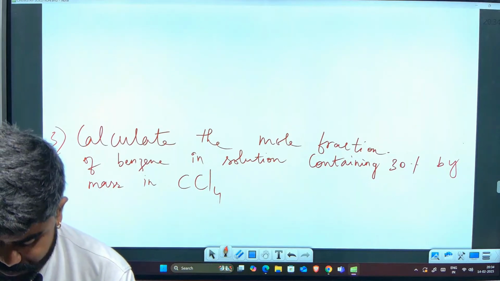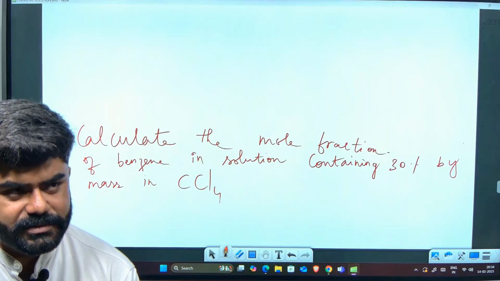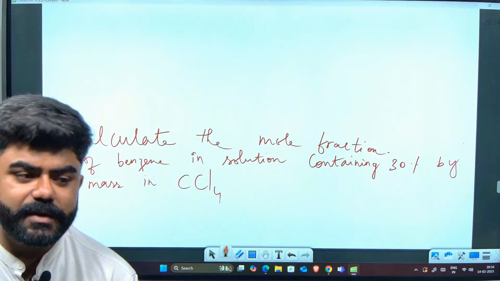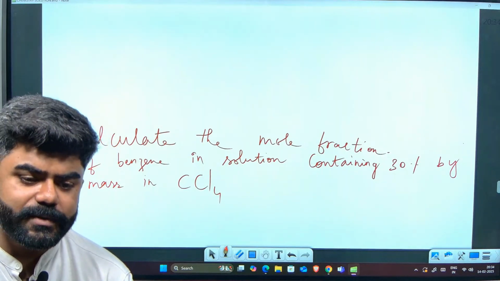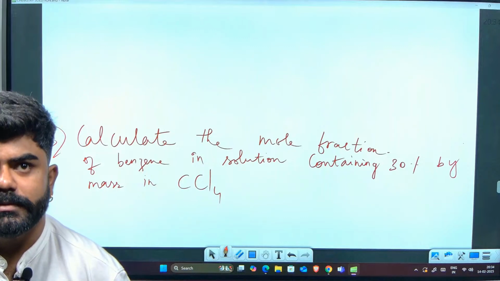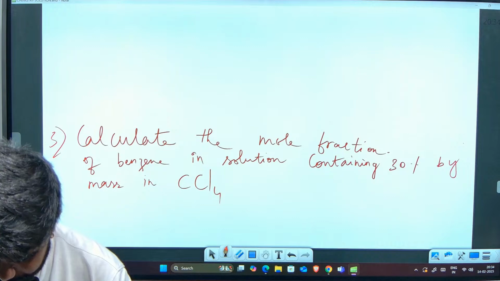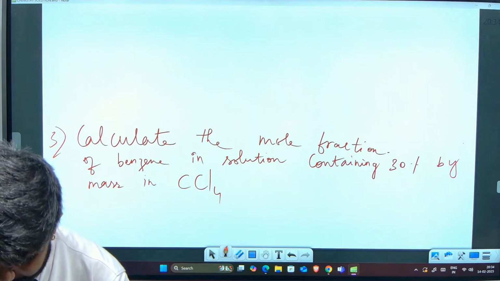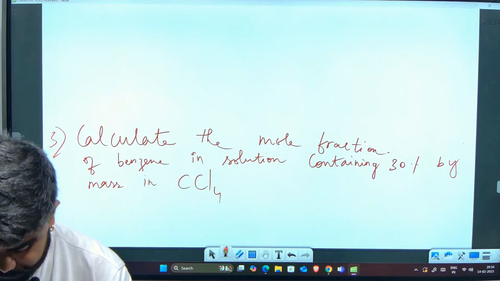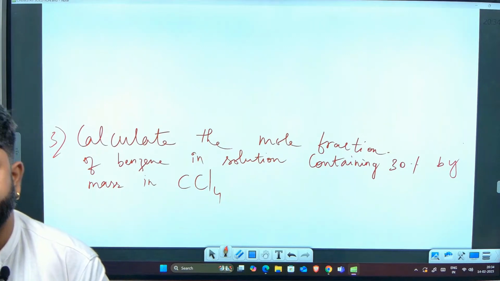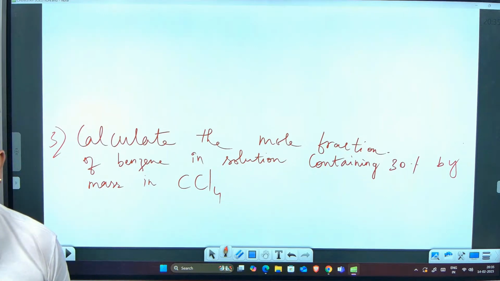You would have used that in the previous problem for CCl4, didn't you? Okay, 35.5 for Cl, and for carbon it is 12. 142. Are you all doing it? I'll be checking your notebook, children.